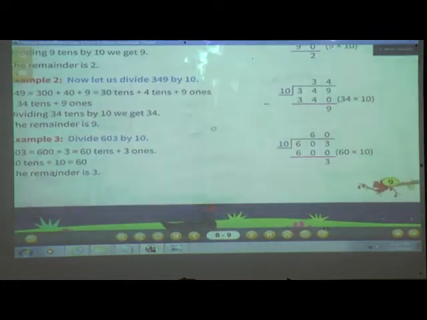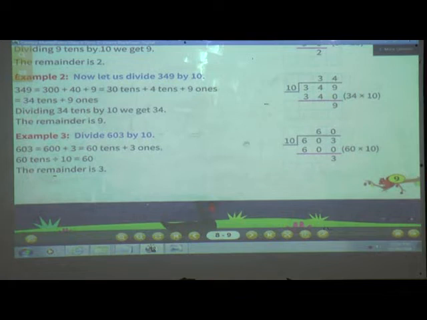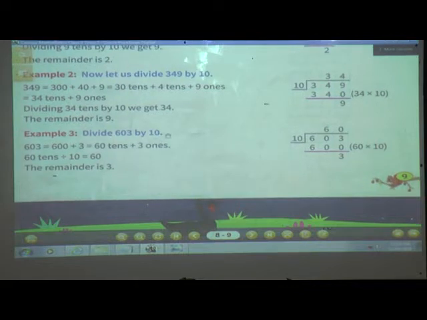Okay, next example, we will see one more example. 603 by 10. See here, 603 by 10. Now 603 is equal to what? 600 plus 3, and 600 is equal to 60 tens, plus these 3 ones added as it is. Now 60 tens divided by 10, then we will get the answer 60.